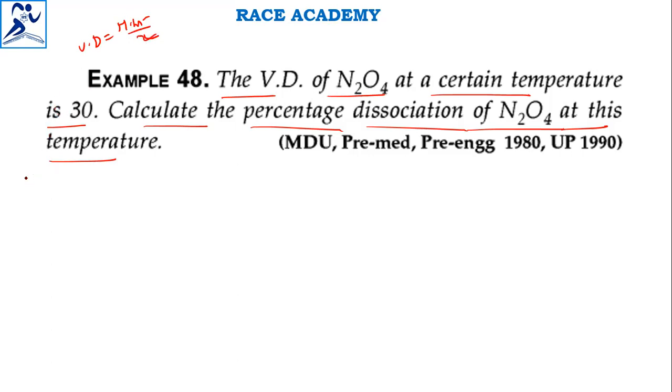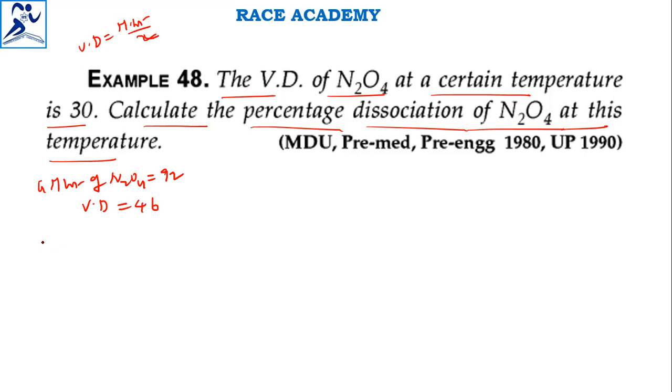In such a case, if you take the gram molecular weight of N2O4, exactly from the calculations it is 92. That means its vapor density will become equal to 46.